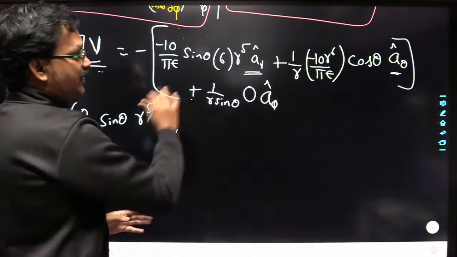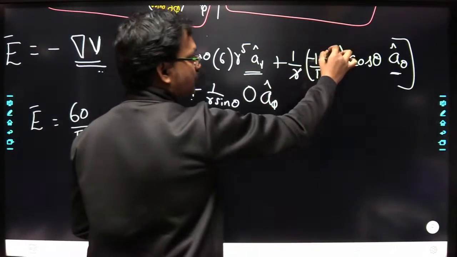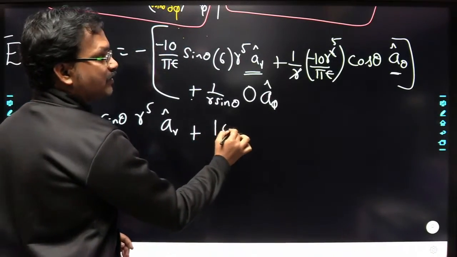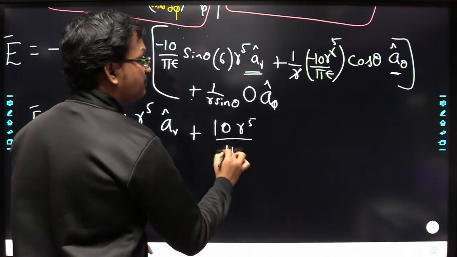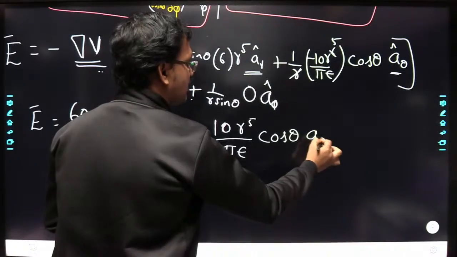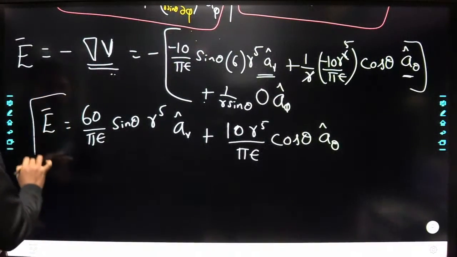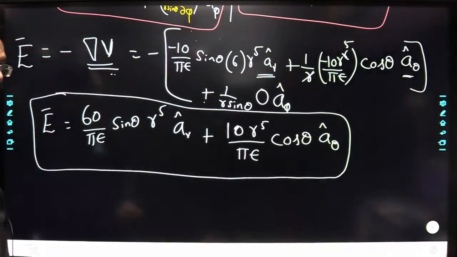Right. Okay. Next, second term plus here r and here r power 6, so you will get r power 5. So you will get 10 into r power 5 divided by pi epsilon into cos theta A theta cap. Okay. So this is the electric field expression we got.